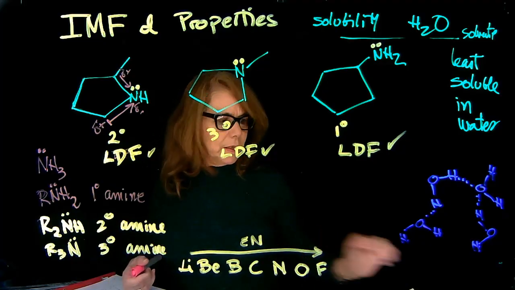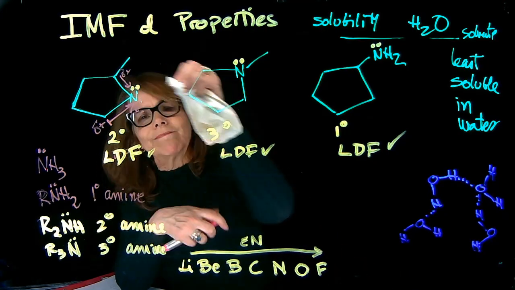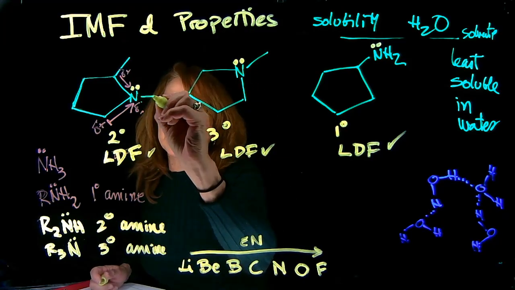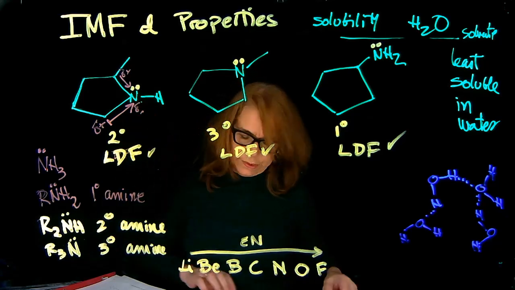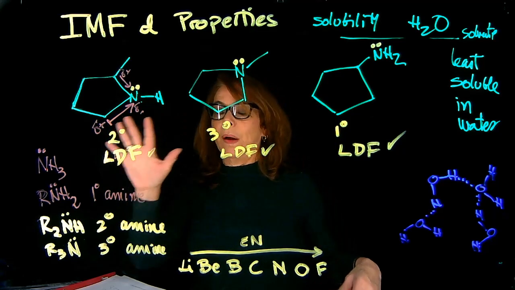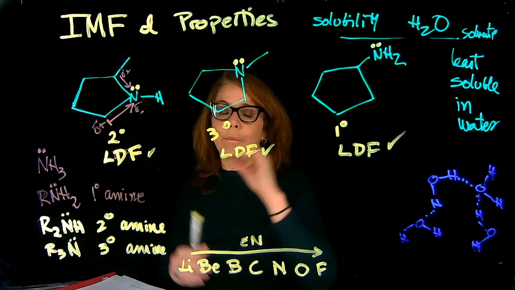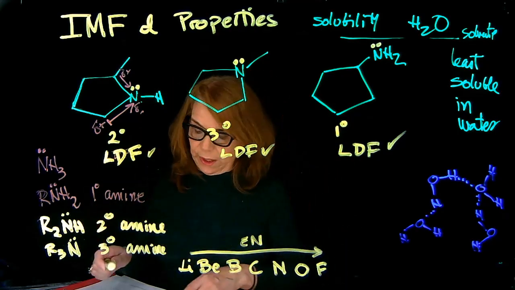Let's redraw that H with the bond explicitly. So this would be like that. And of course you will have another dipole pointing to the nitrogen. But what is it that we see? Whenever you have polar bonds, you can have dipole-dipole interactions.